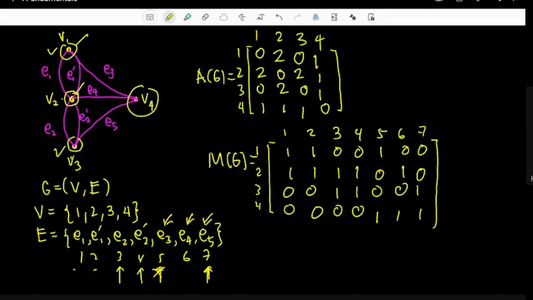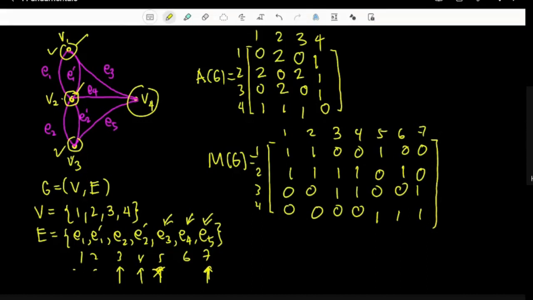So all the information of your graph are being stored in these two simple matrices, the adjacency matrix and the incidence matrix. And you should be able to visualize your graph just by using your adjacency or incidence matrix.